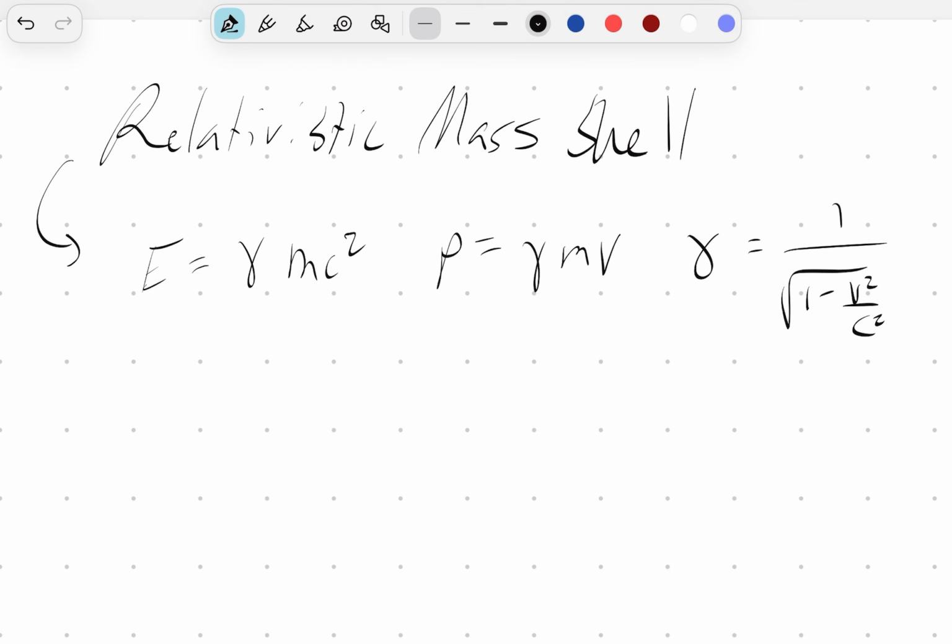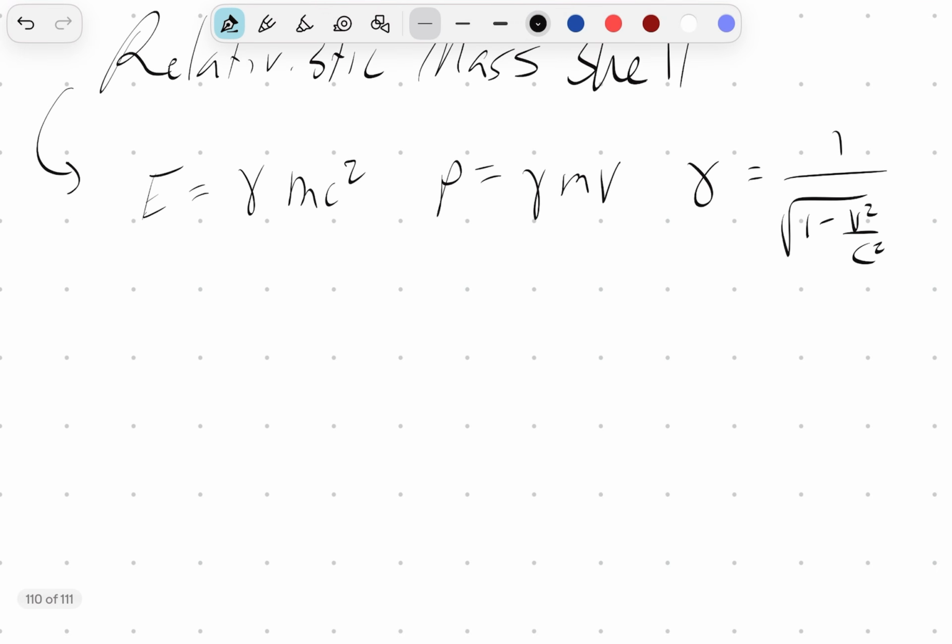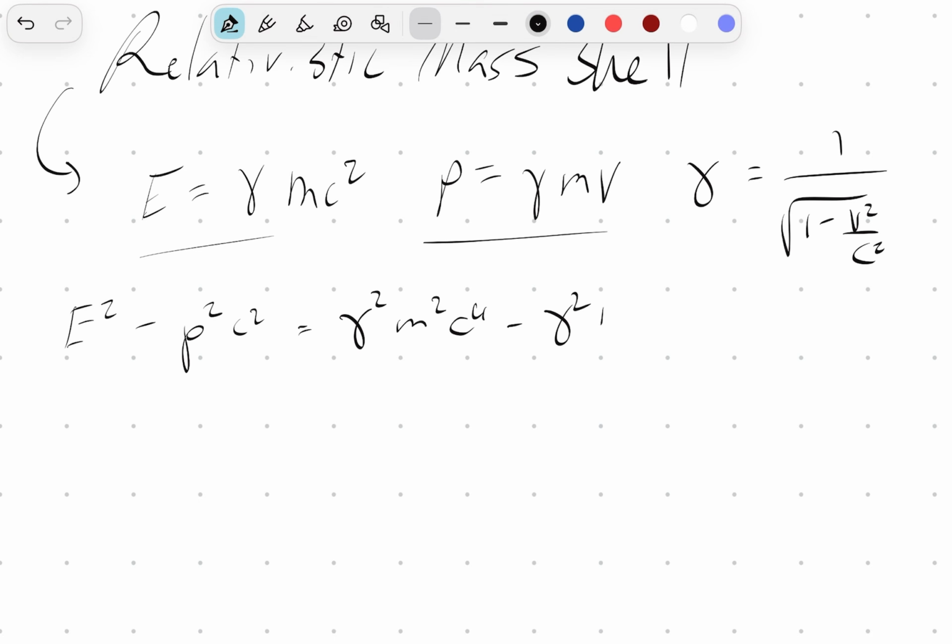inertial frame. What you can do is square both of these quantities and define something called the dispersion relation: m squared c to the fourth minus gamma squared m squared v squared c squared, which should be equivalent to gamma squared m squared c squared minus v squared, which should give you m squared c to the fourth. Okay.